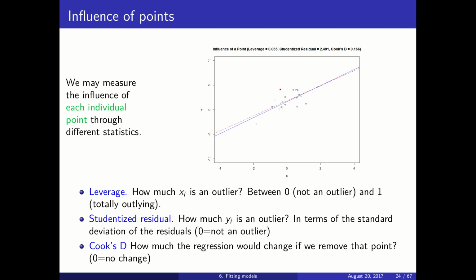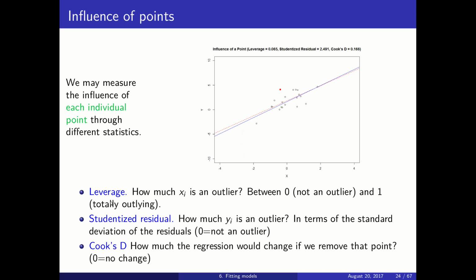So this is the concept of the influence of a point. Let's say that we have these points here. We have a fitting that is this blue line, and then we can analyze a couple of measures of outlierness.